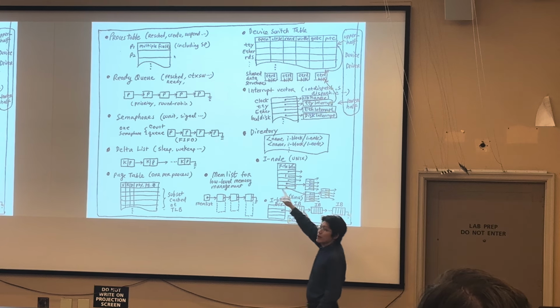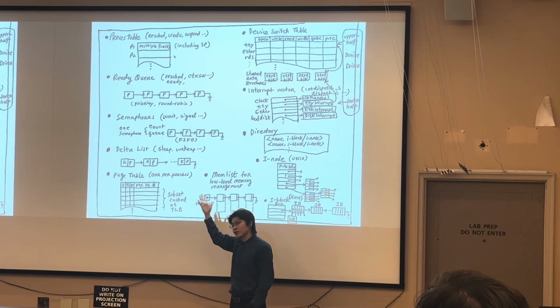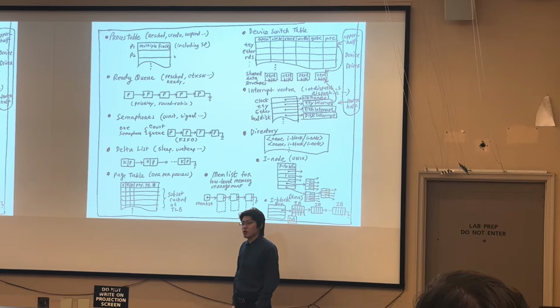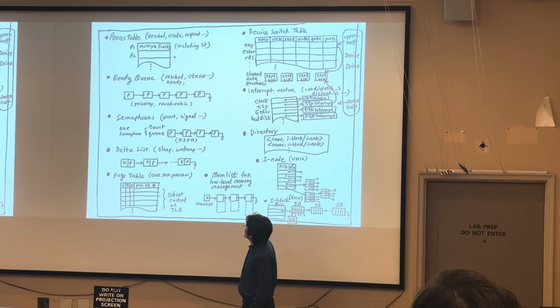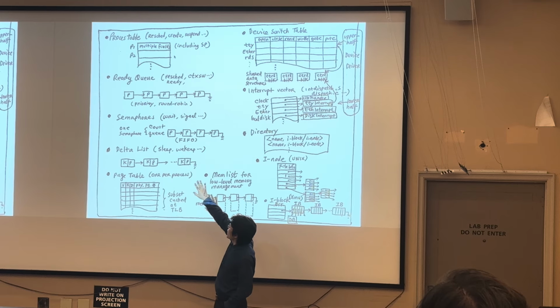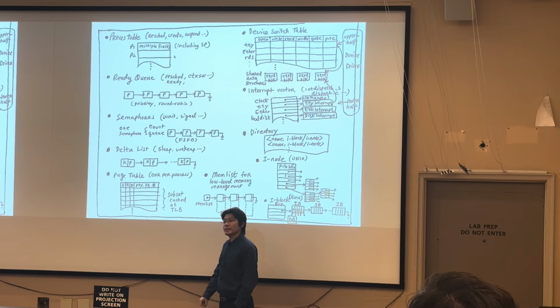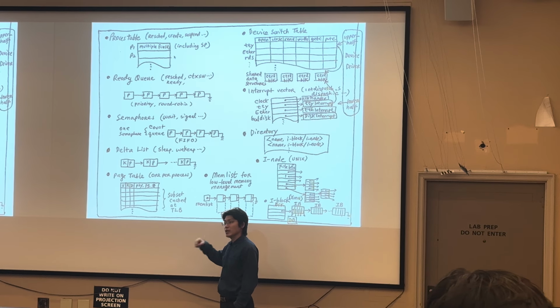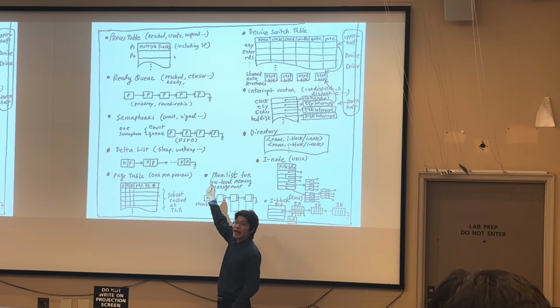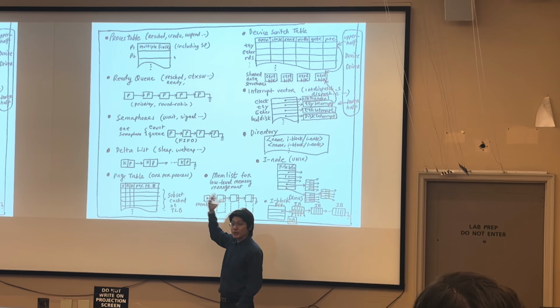On the left corner I have the process table, and that's the very first kernel data structure that we learned. Okay, and we also learned the ready queue. Processes are connected into this ready queue, and the OS will schedule the process that has highest priority on the ready queue to execute.